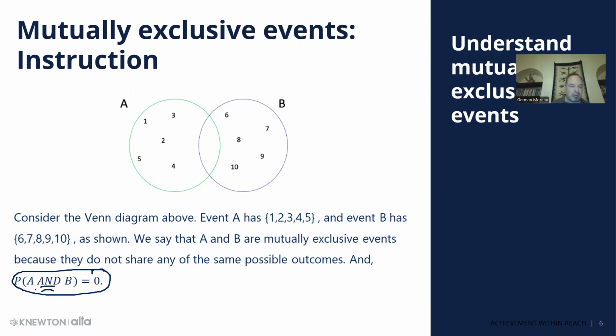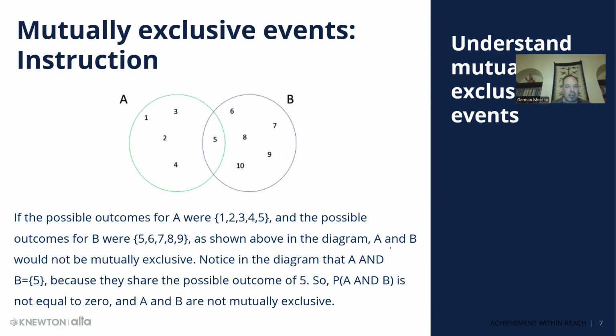If you're taking notes, that would be something you want to write down and connect with mutually exclusive events. If the possible outcomes for A were 1, 2, 3, 4, 5, and the possible outcomes for B were 5, 6, 7, 8, 9, now we did put something in the intersection, which is a 5.